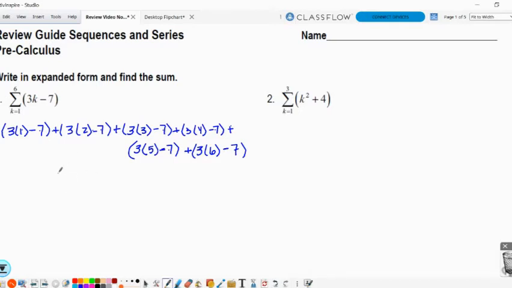Then we can evaluate each of those, add them up, and we would get 21.